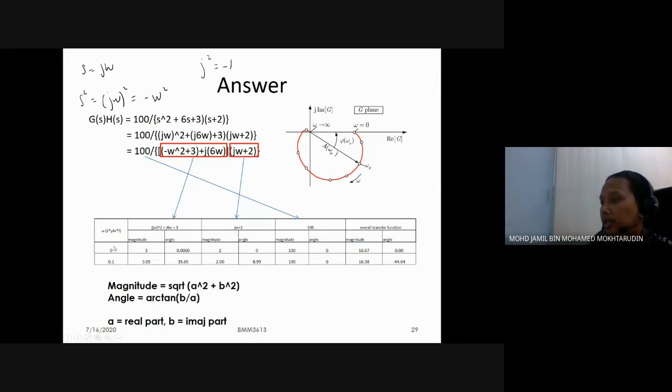And then calculate the magnitude and angle, same method as used in Bode plot. So calculate magnitude and angle for the different frequencies given. You start with 0 and then 0.1 and so on. And then determine the overall transfer function. Same steps as Bode plot, but this time you don't need to calculate the decibel, because decibel is only for Bode plot.